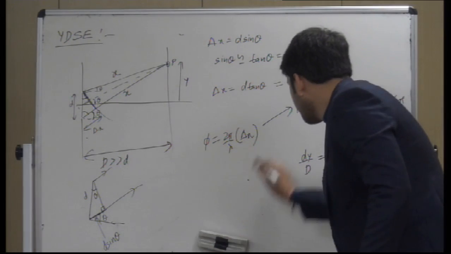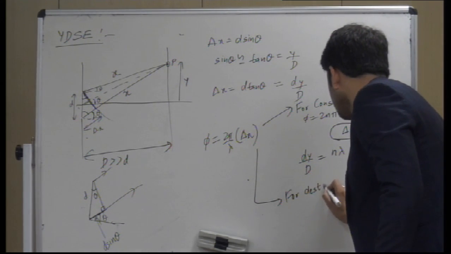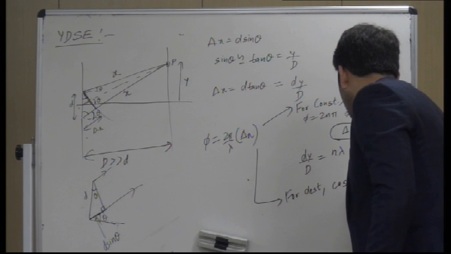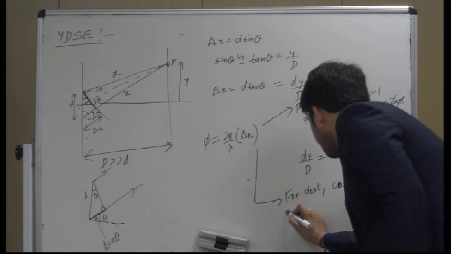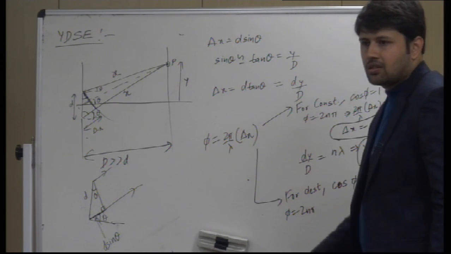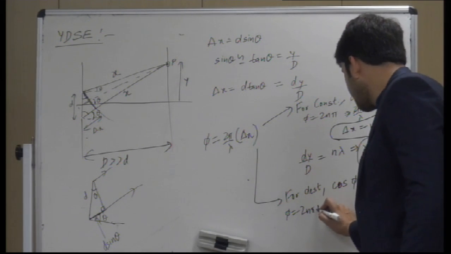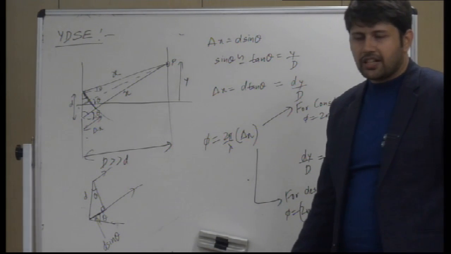For dark, for destructive, cos phi we remember was -1, which means phi should be equal to 2n pi plus pi, can I write? Or minus pi, can I write?